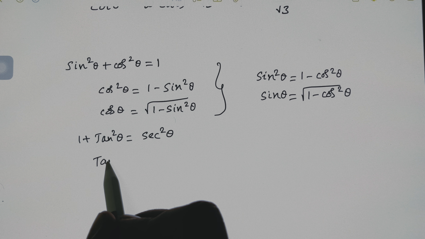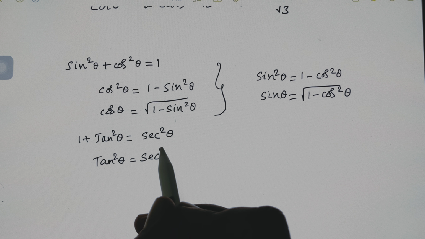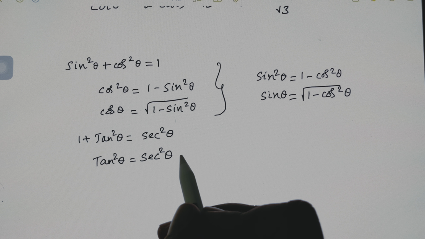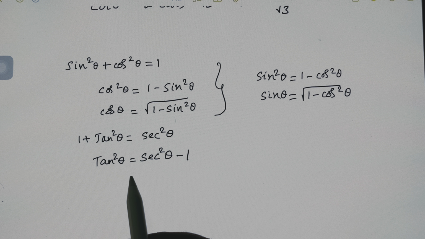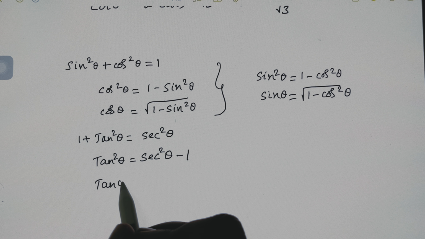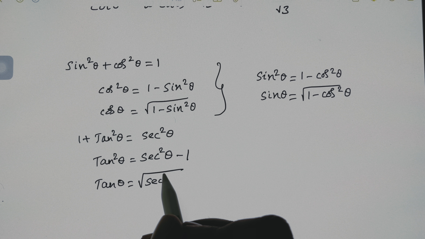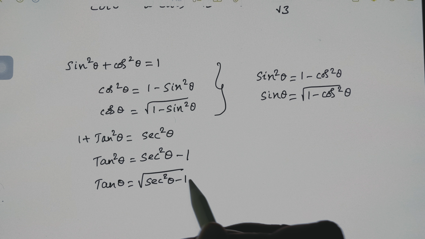So tan square theta equals secant square theta minus 1. You have a new formula. If you take the square root, tan theta equals square root of secant square theta minus 1.